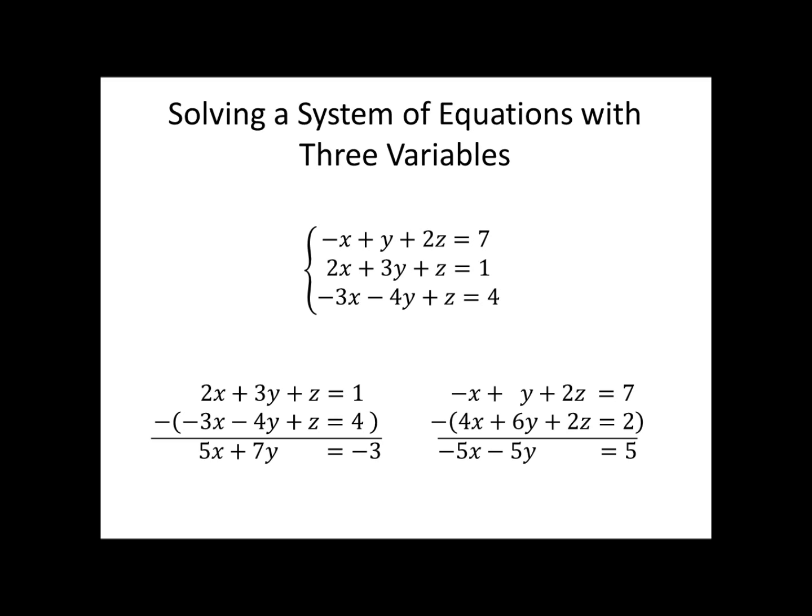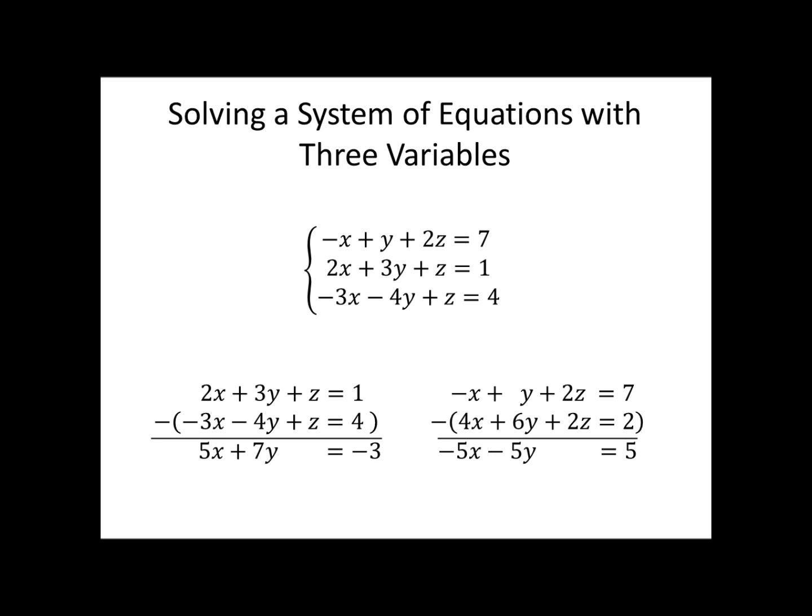So you'll notice it's negative x plus y plus 2z equals 7, the top equation, minus 4x plus 6y plus 2z equals 2. That's 2 times the second equation. Again, I subtract to make the z's go away, and I end up with negative 5x minus 5y equals 5. So I've eliminated the same variable twice.